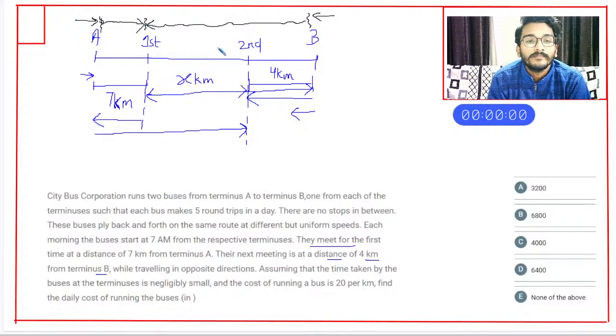So the first bus has taken how many kilometers? 7. And the second bus? It is x plus 4. So this is the ratio of the distance. It is equal to their speed ratio. So the speed of the first bus is A and the speed of the second bus is B.